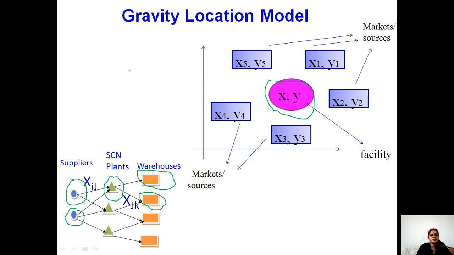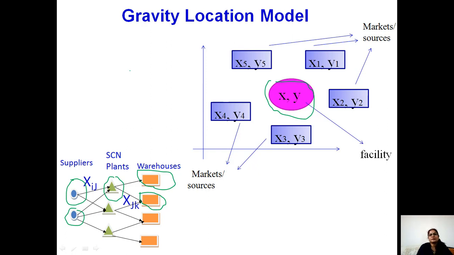So this particular plant is in contact with these two suppliers, and interacts with these two warehouses. So these distances matter while deciding the location of this plant. Similarly for this plant, 2 more. So like that it goes on.